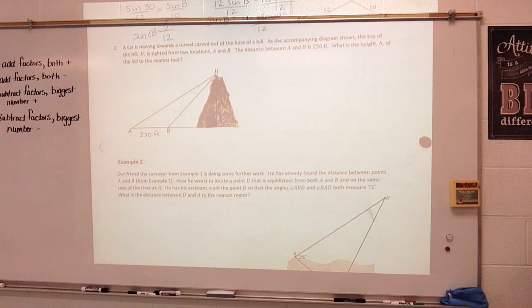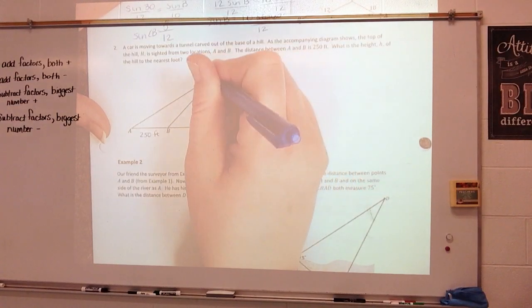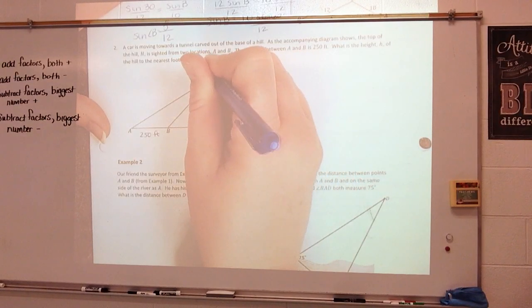All right? Now, they don't tell us this. So I'm giving you information that's going to help you. So the angle of depression from H to A is 60 degrees. That means this whole entire angle right here is 60 degrees.